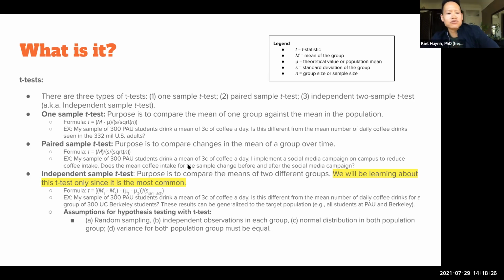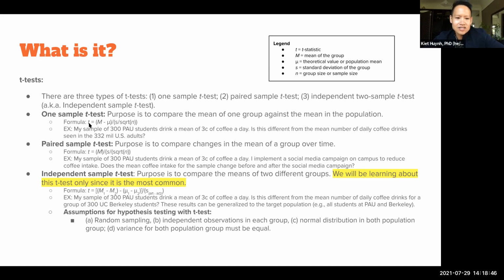Okay, what is the one sample t-test? Like the name implies, you have one sample, one group that you're working with, and you're trying to find if the mean of this group is different from the mean in the population. And this is the formula.